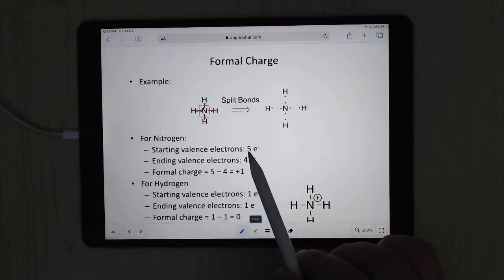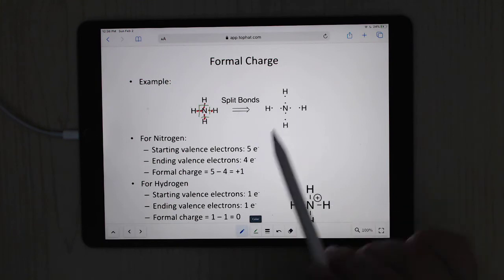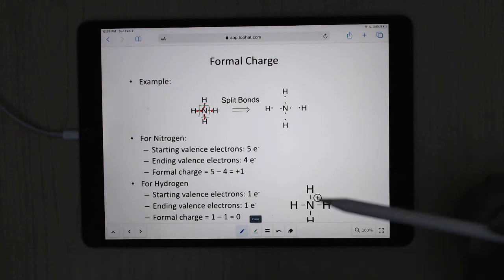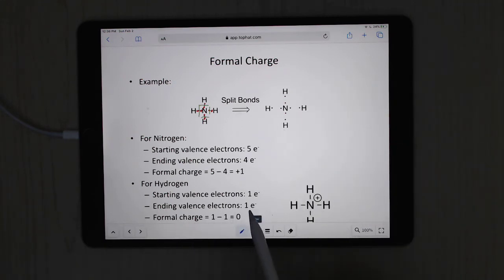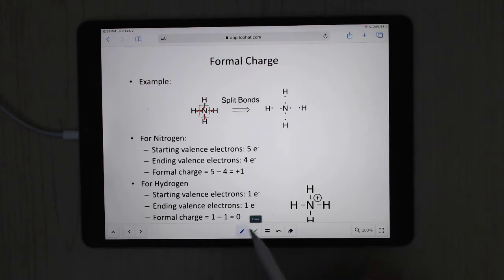For the nitrogen, if you look at the periodic table, nitrogen has 5 valence electrons. Well, where does it have now? Now it only has 1, 2, 3, 4. So it has 5 minus 4, so it's +1. Hydrogen, on the periodic table, has 1 valence electron, and now it has 1 valence electron in the molecule. So it's 1 minus 1, so it's 0. And so the formal charge would be on nitrogen. And that's how you deal with all of them.